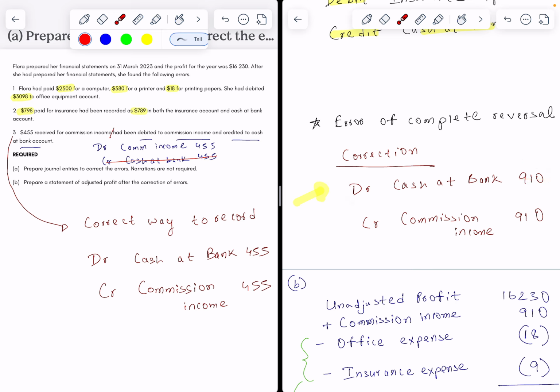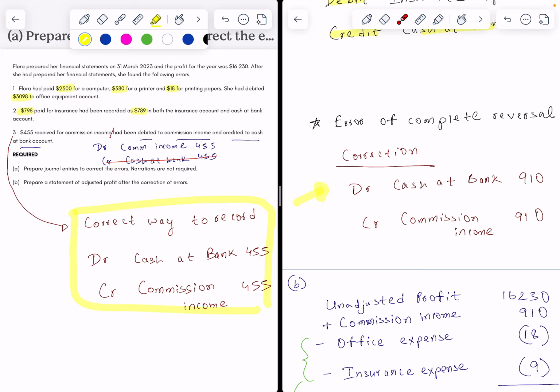The same thing applies for the commission income. We wanted to end up with a net commission income credit of $455 based on the correct way to record that we know. So how can we end up with credit commission income of $455?